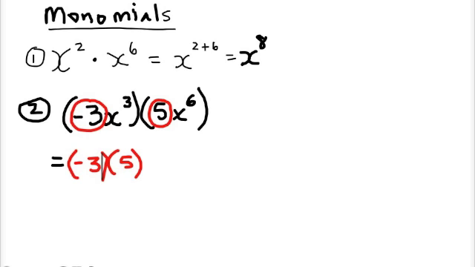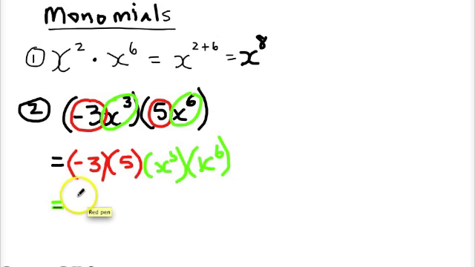The second part we can look at is the exponents. These do have the same base. They both happen to have the base of x. So here we have x cubed times x exponent 6. Negative 3 times 5 is negative 15.